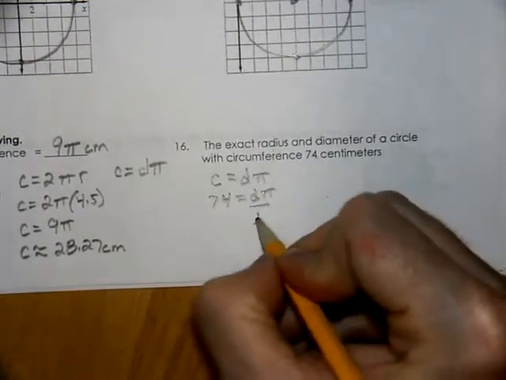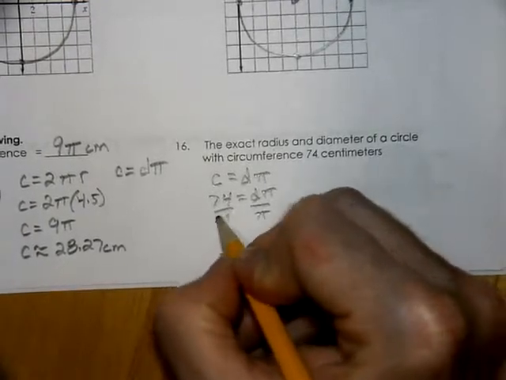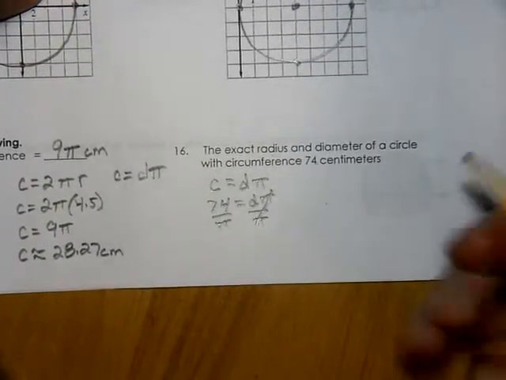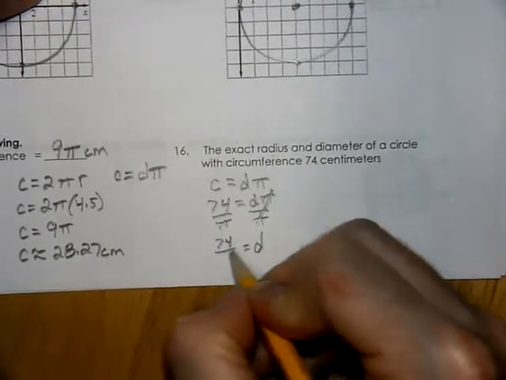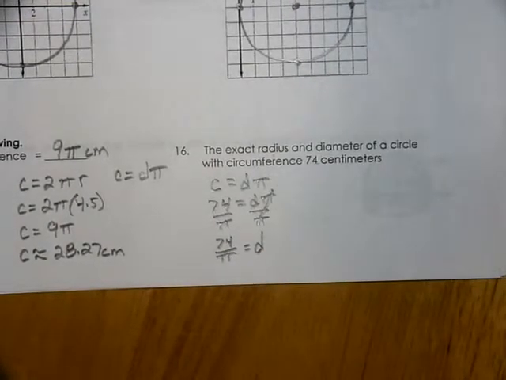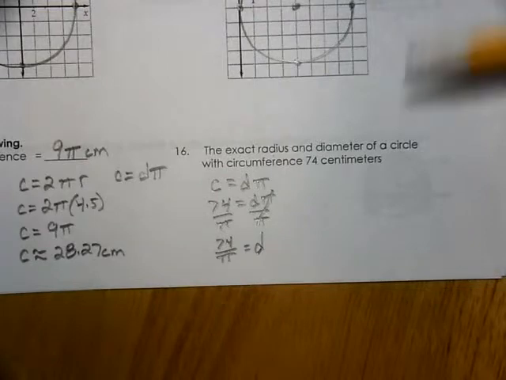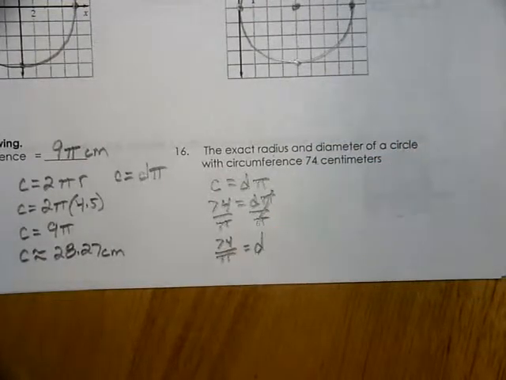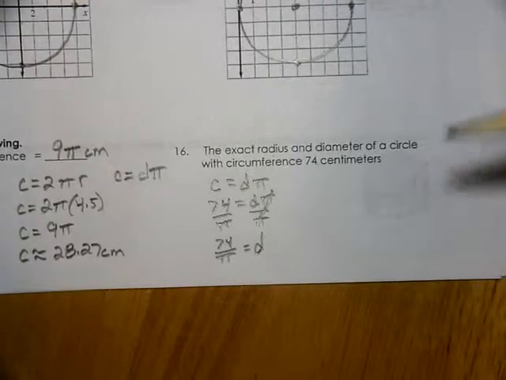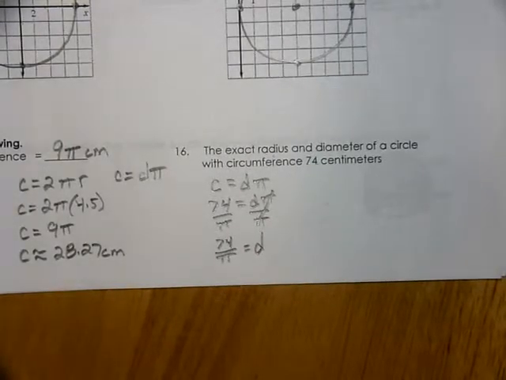So here we'll divide by pi. And I'm sure you want to use your calculator. But if you're supposed to have the exact value, then you don't want to have a decimal that you're rounding. The answer here, we're going to call it, is 74 divided by pi. That would be the exact value.